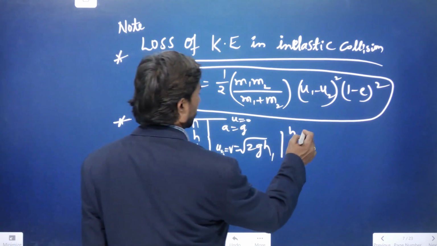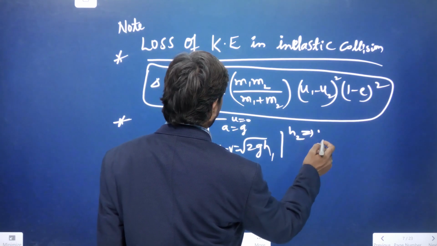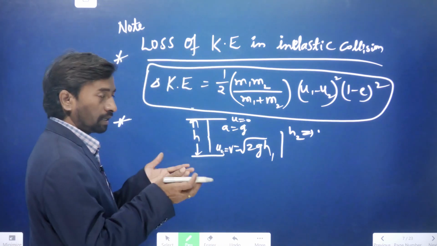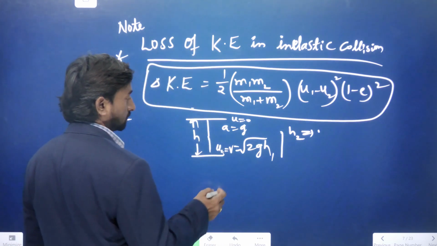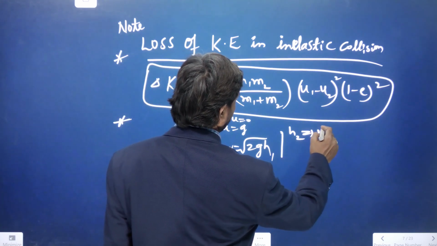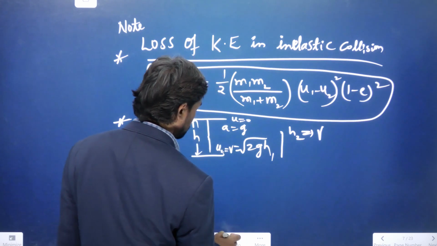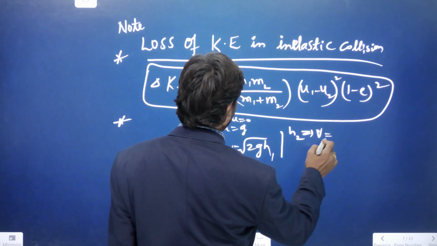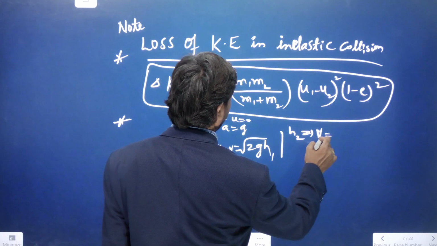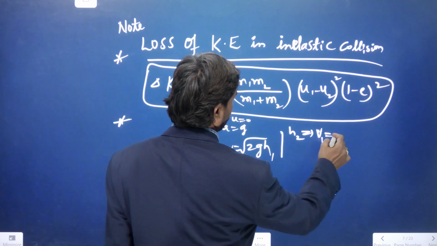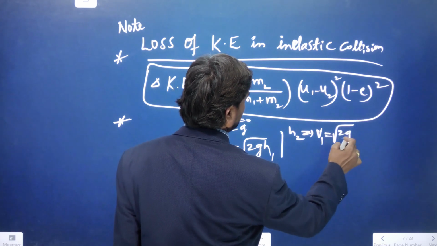Now, if it is h2 height, in the case of separation this will be the initial velocity, and the final velocity we can add as v1. So v1 is the square root of 2 into g into h2.